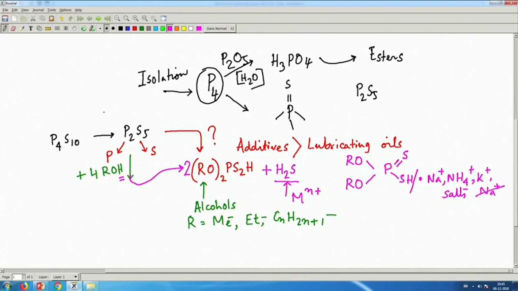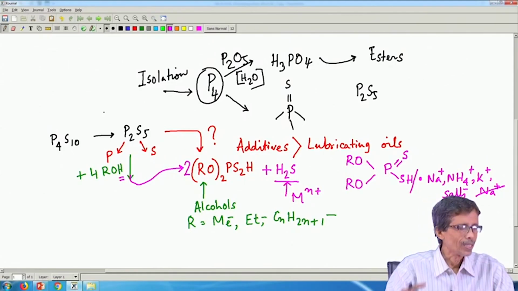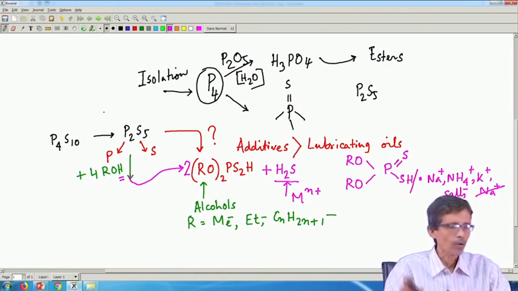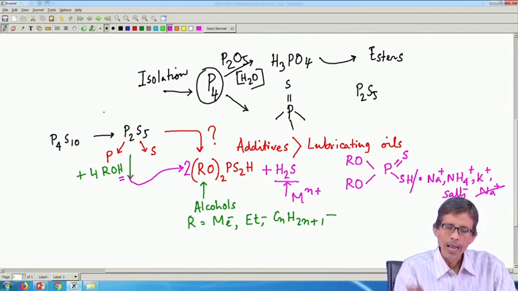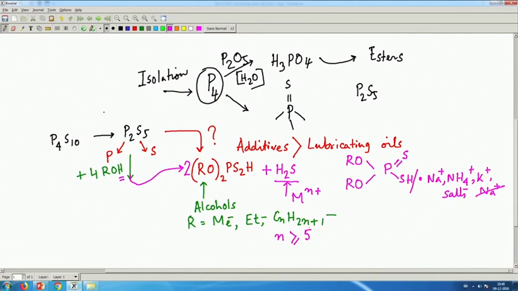So, these salts, the corresponding sodium, ammonium or potassium salts, will be soluble in water. This particular one is still not your additive for lubricating oil, and if this n value is greater than or equal to 5, then these are very much useful in nature.